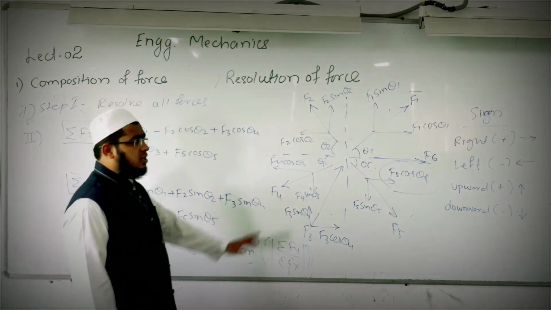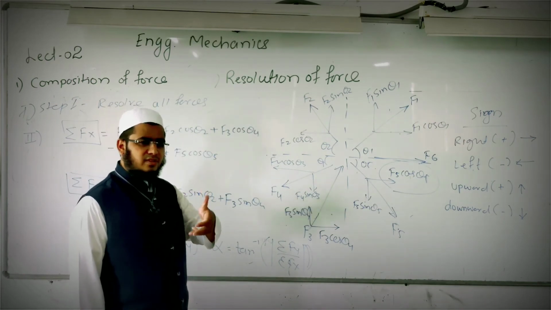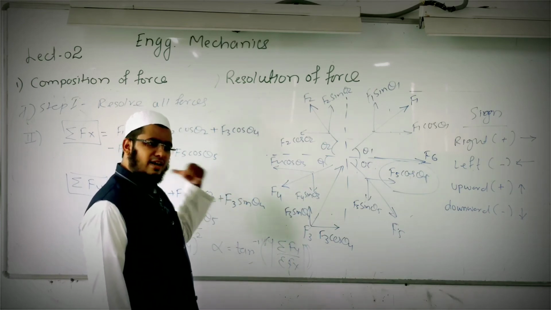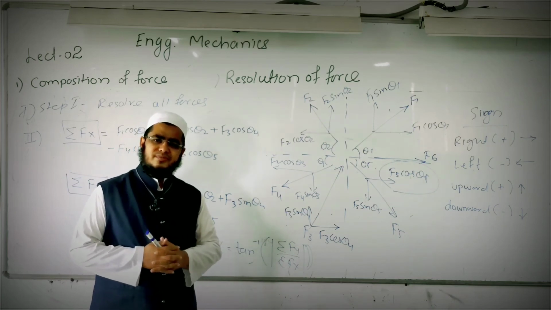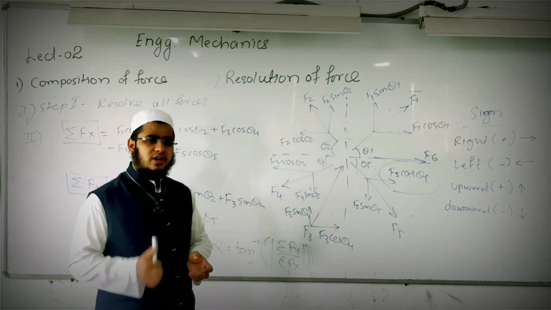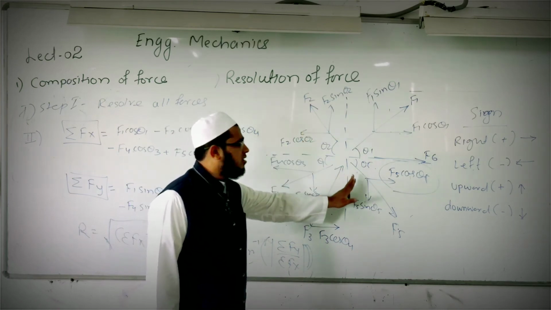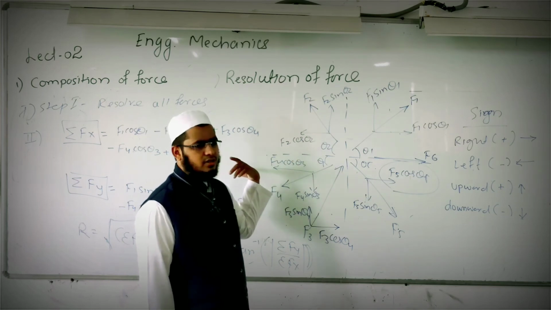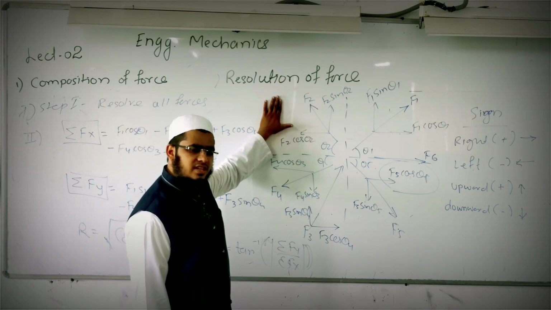If summation Fx is negative and summation Fy is positive, it means Fx is acting leftward. Negative horizontal means leftward, and vertical is upward. In the second quadrant, vertical is upward and horizontal is leftward. That's why the resultant will be acting in the second quadrant.